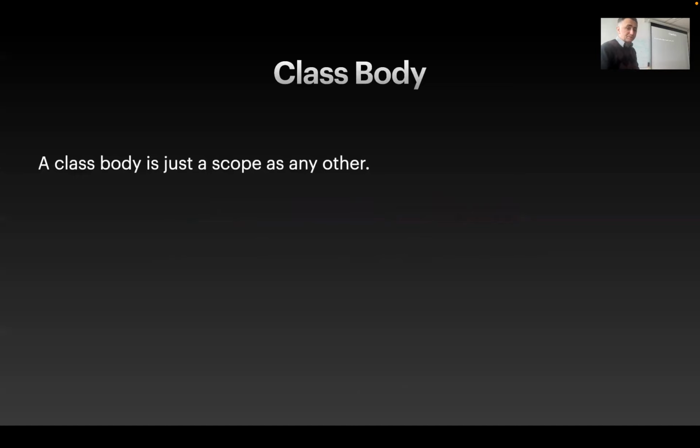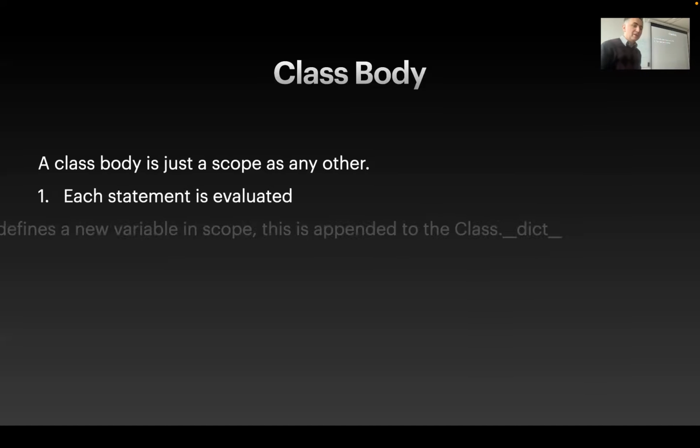So the class body is nothing particular. It's not like in C or C++ where there is a compiler that has some grammar inside. The class body is just a scope. Variables get defined in it, and each variable that gets defined in it ends up in the namespace. Each statement first gets evaluated for whatever it is.